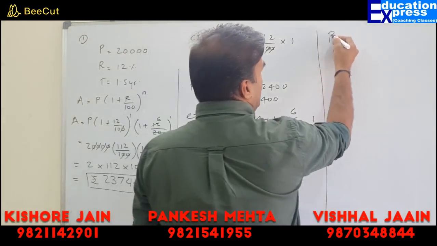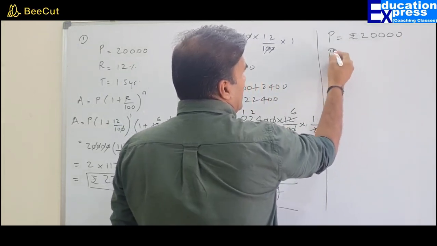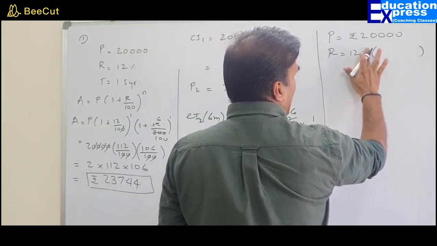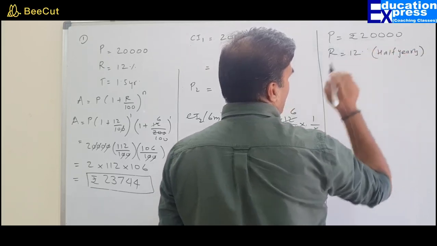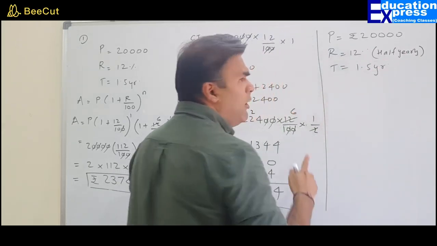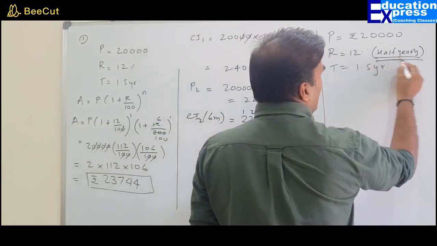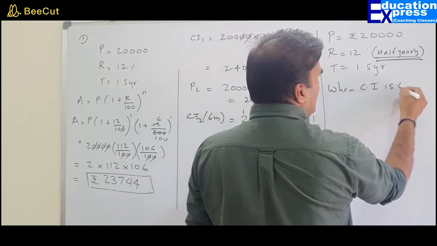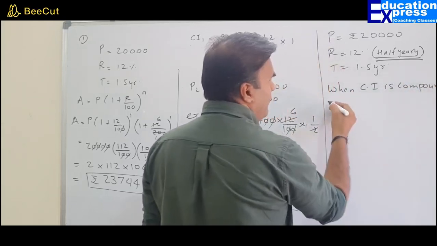that principal is rupees 20,000. Rate is 12%, but to be paid half yearly, every half year. Time period 1.5 year. How do you go about? Sir, when the interest is compounded half yearly, please take down this formula.